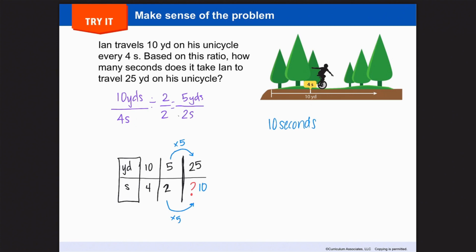Okay, so really what I did here is I just played around with equivalent fractions or equivalent ratios. So I divided here by 2 to get a friendly number. I divided here by 2 to get a friendly number. And then we were able to multiply it to find an equivalent ratio that will help us find our missing value. Okay, so we ended up with 10.